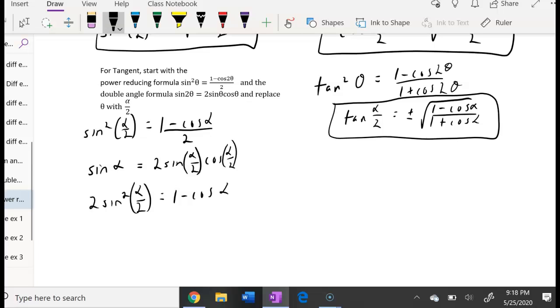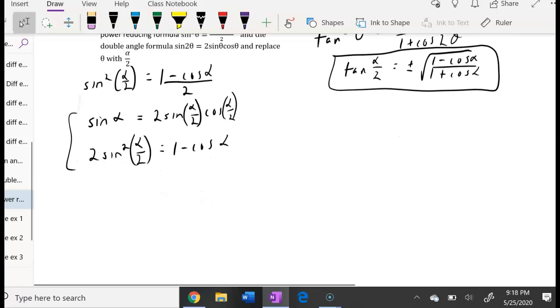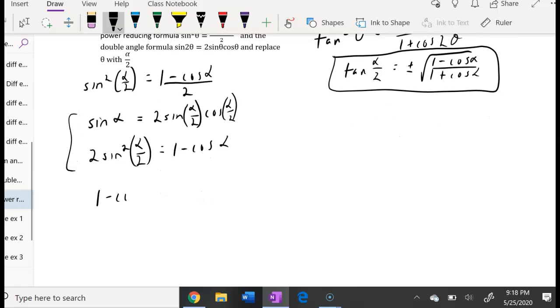Okay, now if these two equations are both true, they're both identities, they're both true for all inputs, then we should be able to divide one by the other. So we're going to basically write 1 minus the cosine of alpha, that side of this equation, divided by this side, so divided by the sine of alpha.